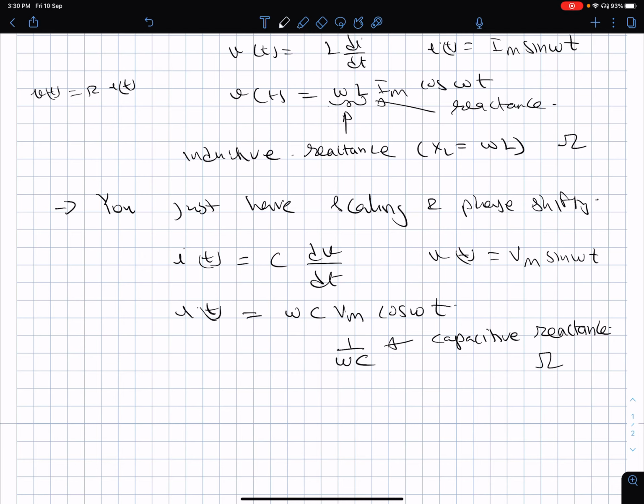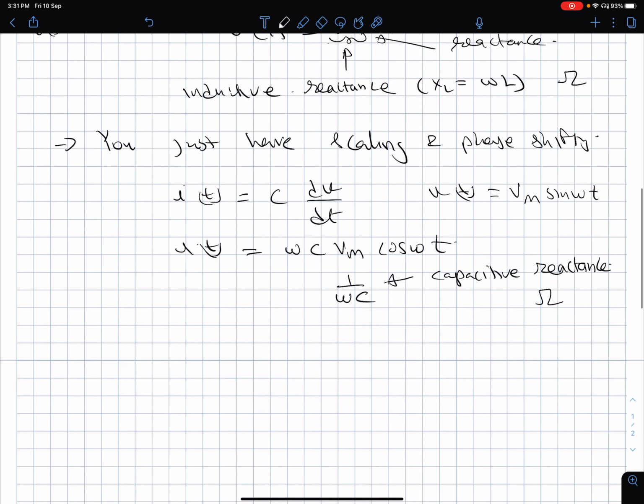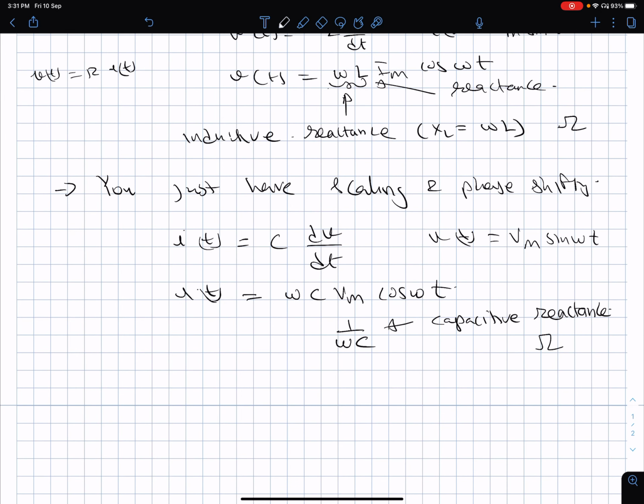See, if you differentiate a sinusoid, it doesn't change the shape and remains a sinusoid, though phase shifted and scaled. When you integrate it also, the reciprocal behavior is there. It will be scaled reciprocally.